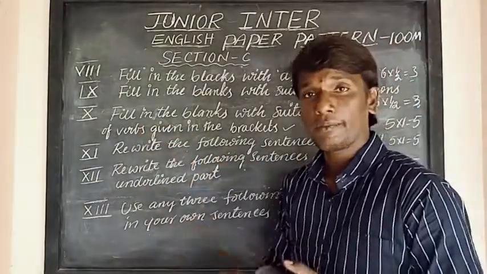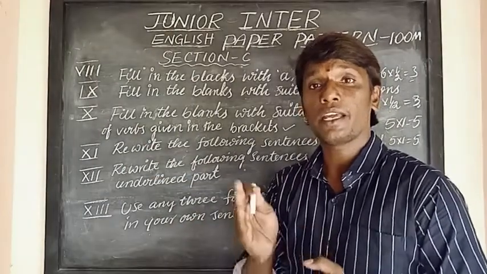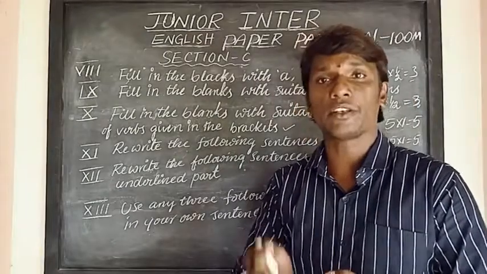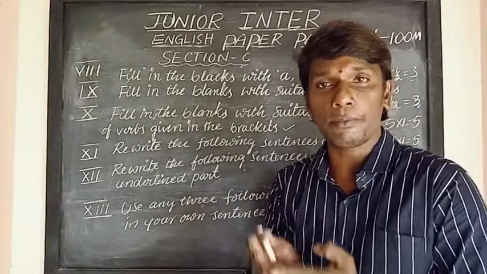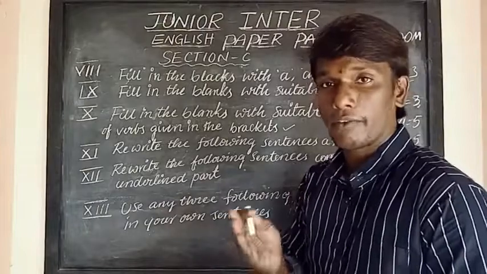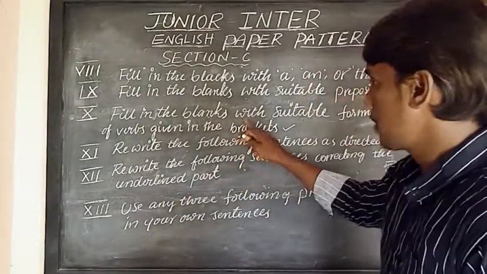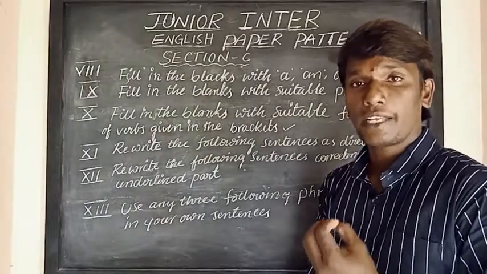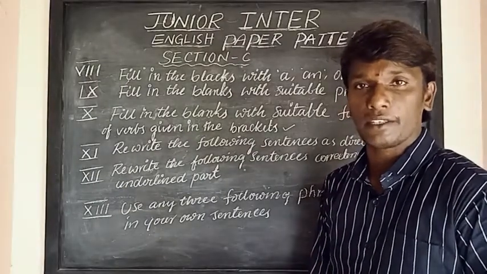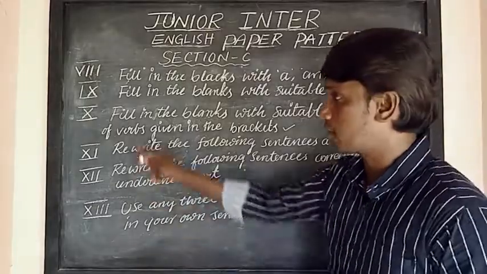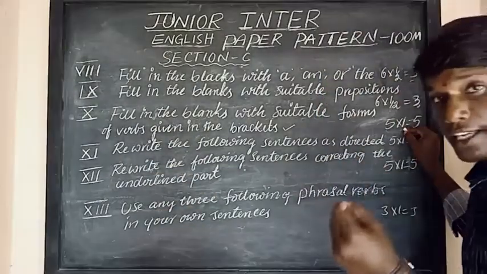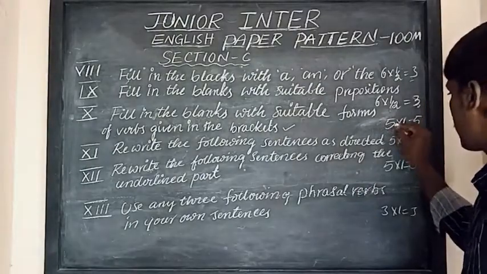You will be given a verb in the bracket, and based on the tense and the time, you should write the suitable verb form of the given verb. That is for 5 marks. That means 5 questions will be tested under Roman number 10, and each sentence is for 1 mark.